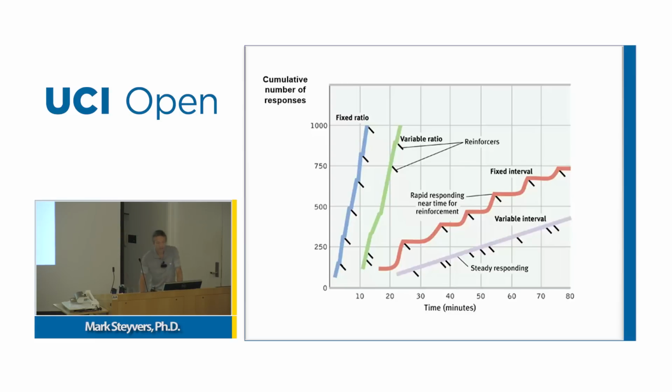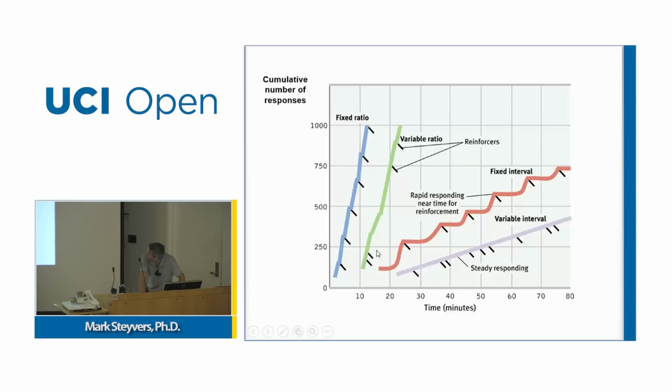Now you also see the differences between these fixed and variable schedules. If you have a fixed ratio schedule, then the rewards indicated by these little bars here are given after fixed numbers of responses. So here in this plot, it's about 150 trials or so, and you get another reinforcement.